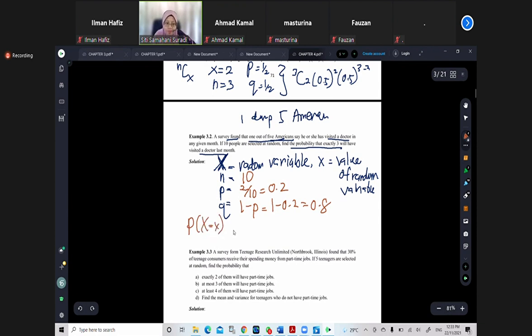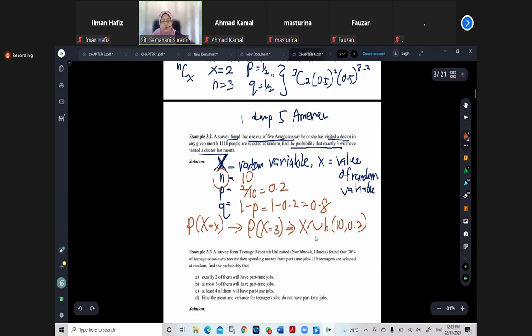So small x is 3 Americans. Then you have the n and you have the p. You need to create a binomial, B with n equal to 10 and success probability 0.2. This is the first step you must do.